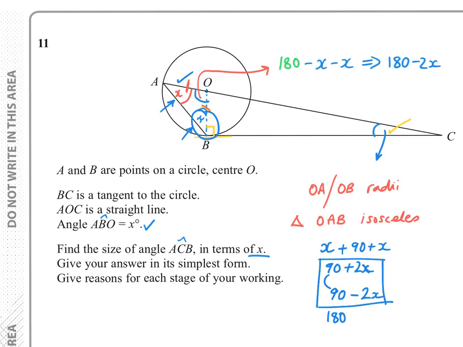And then the plus 2x is cancelled out by the minus 2x. So the angle here in question that we want is 90 minus 2x degrees. Now don't forget, like I said before, I've not written all the reasons out because it would just mean the question would take a lot longer to explain.